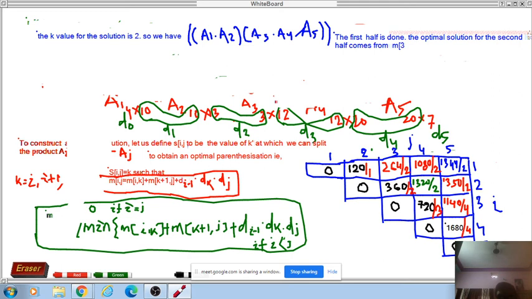Do you understand? Because it is a3 to a5, first comes 2, so a1 to a2, so it comes from 3, 5. So m of 3, 5 means matrix multiplication of a3 to a5. So what is the value of m of 3, 5? Who can say? Check the value. The value for k here is what? 4.